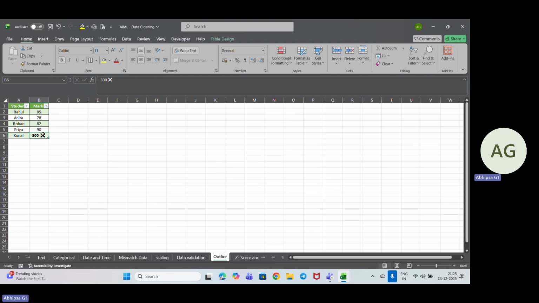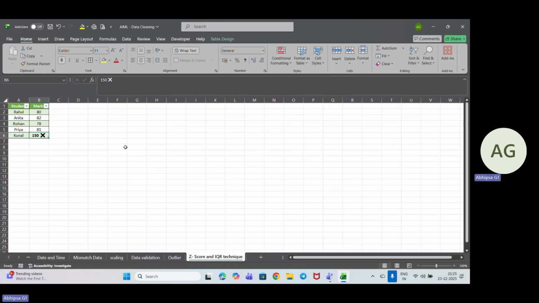Okay, so now we will be discussing the Z score, which is a way by which we can handle outliers. So here is the Z score. This is the outlier here, that is 150.